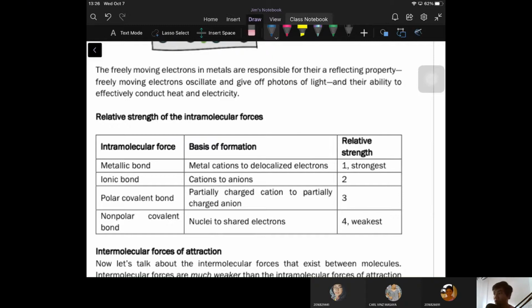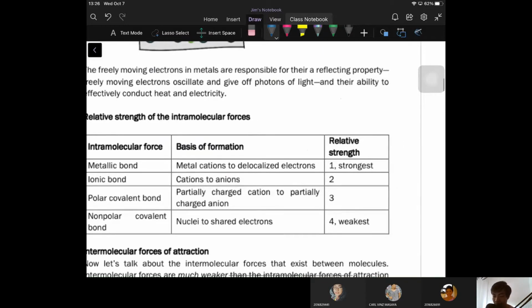So, let's have, for example, iron. So, ang magiging basis ko dito ay melting point, no? So, the basis for ranking is the melting point. So, hanapin ko yung melting point ng iron. Okay, so the melting point of iron is 1538 degrees Celsius.